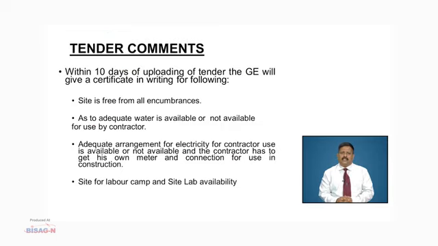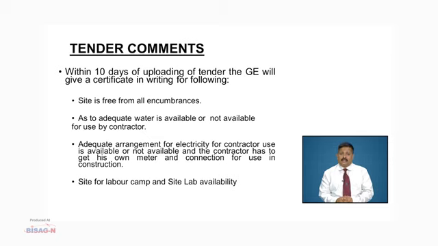Now, after the tender is uploaded, within 10 days of uploading of the tender, the executive who has to execute the tender gives a certificate in writing. The certificate consists of, first, that the site is free from all encumbrances. That is, there are no problems or legalities involved for the allocation of the site.